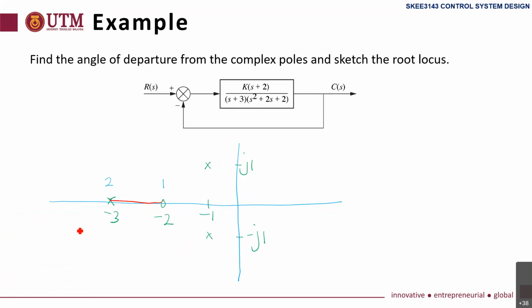Okay, rule number 4. What does rule number 4 say? See your note. Rule number 4. Starting and ending point. So now I want you to put the arrow for the root locus.